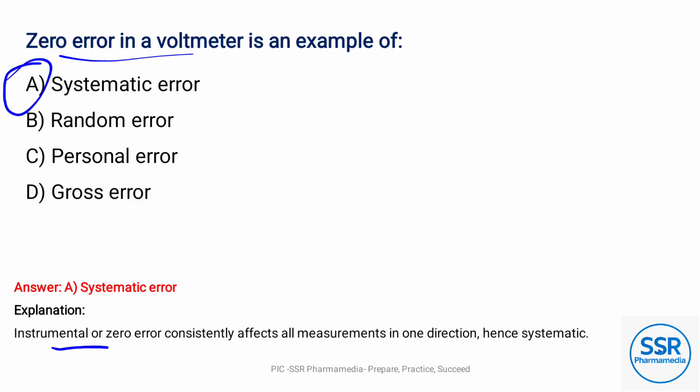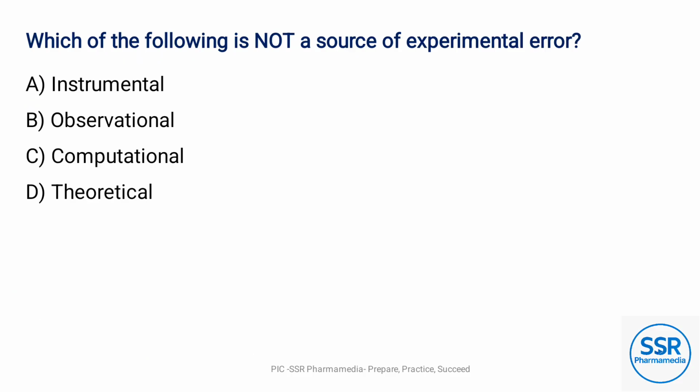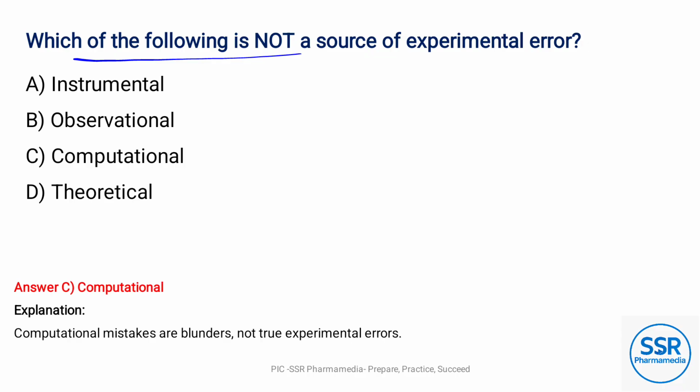Zero error in an instrument consistently affects all measurements in one direction. Hence it is called systematic error. Which of the following is not a source of experimental error? The answer is option C, computational error. Computational mistakes are blunders, not true experimental errors.